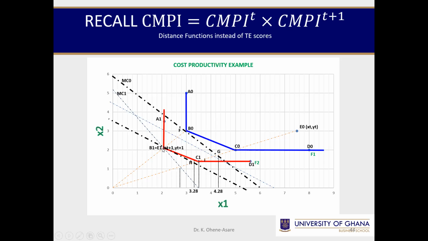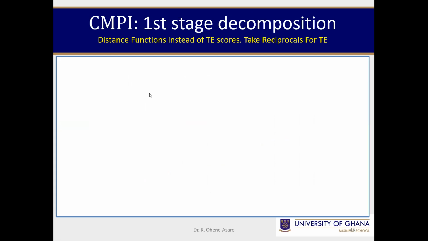It's going to be OE1 over OF. Of course, it just happens that OF is the same as BO. But I don't want us to use BO because you might be confused between the isoquant and the isocost. So it's OF. And that would be this formula here, the top part here.